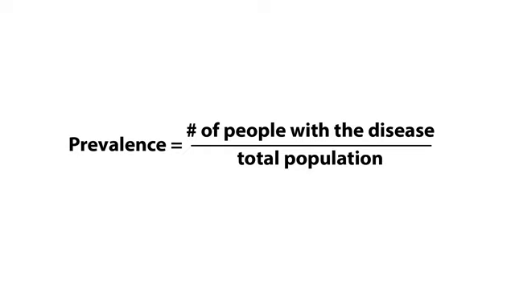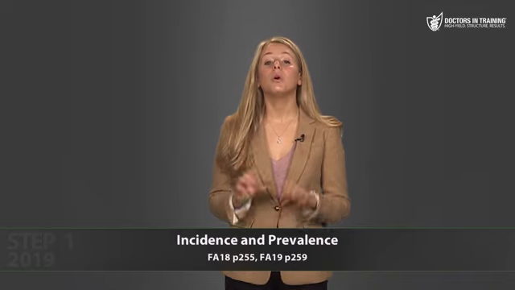That is point prevalence. Say we are looking at the prevalence of COPD. We don't really care if the person has a newly diagnosed COPD or if they've had the disease for 15 years. All we care about is how many people in the population have COPD, period. But that is not true for incidence. Incidence only concerns itself with new cases in the population.